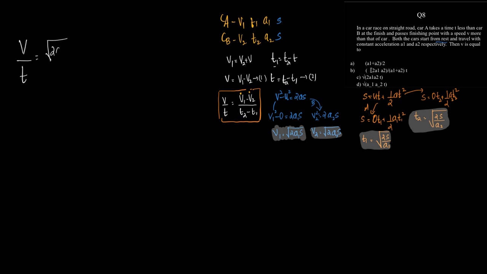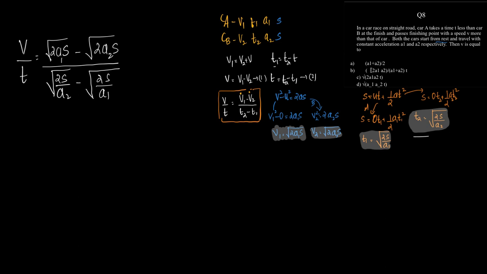Root of 2A1 into S, minus V2 is root of 2A2 into S, the whole upon T2 minus T1. T2 is from here, root of 2S upon A2, minus T1, which is root of 2S upon A1.